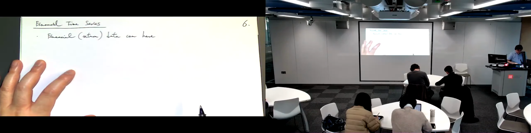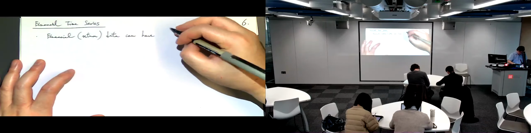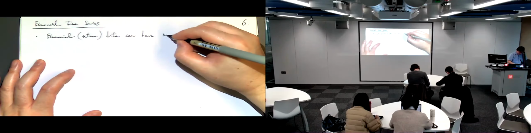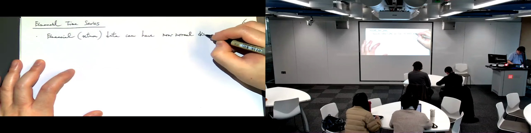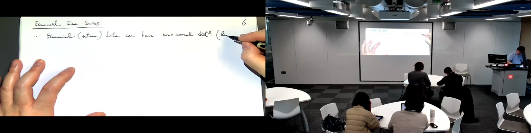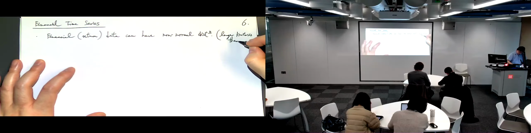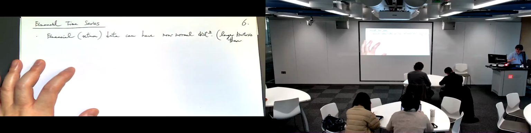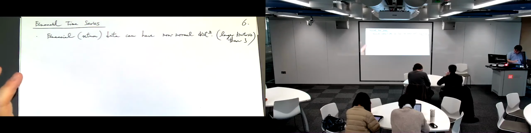Usually they have certain characteristics, but I'm not going to talk about that in depth. This is not financial statistics. So the data can be non-normal. Non-normal means it has larger kurtosis than normal. The normal distribution has kurtosis equal to 3, so larger means larger than 3.